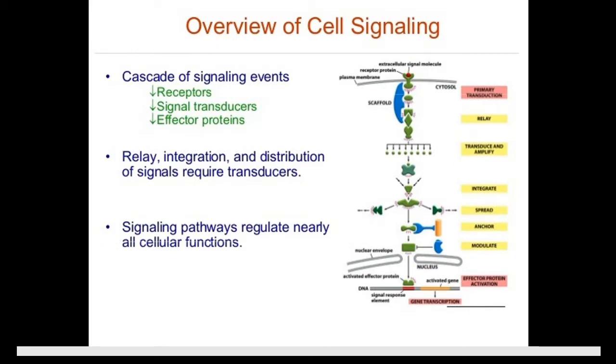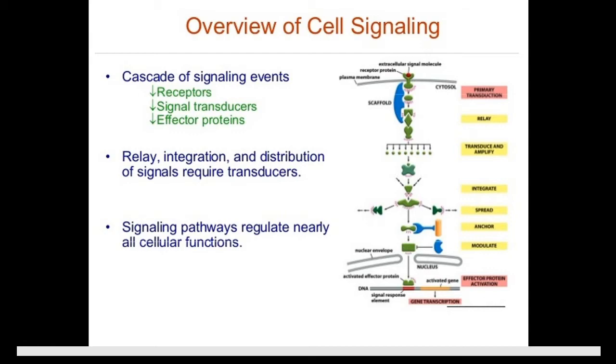Okay, overview of the cell signaling pathway. This pathway has n number of steps in between activation. Why do we need to study the step by step process? First, the primary transduction happens at the cell surface. At the end is gene transcription.